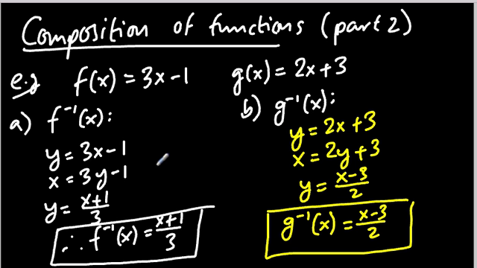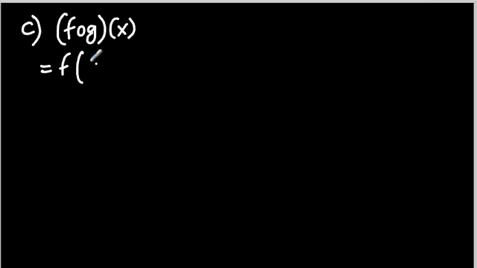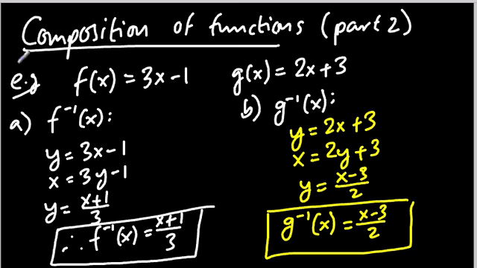So not too complicated, but we're going to get into some harder stuff right about now. So let's do part C. C is, let's find f of g of x. So this is equal to f of g of x. And let's go back. What was g of x?